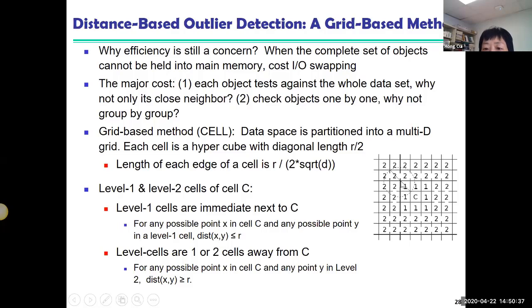Based on this distance definition, we know all the cells in level 1 have to be close to C, and the distance must be smaller than R. And we know the distance of data points in level 2 cells to any of the data points in C is going to exceed our threshold R. This is the setup.